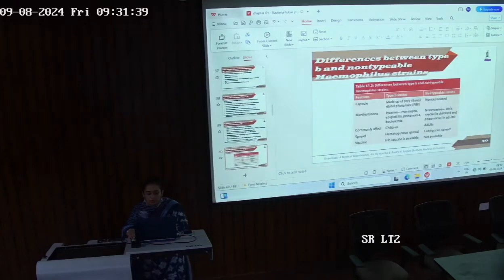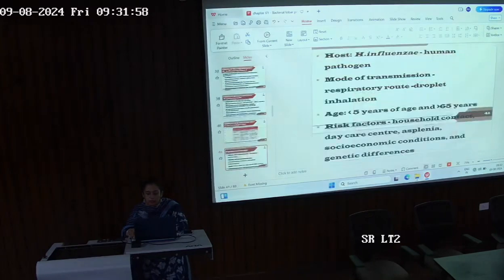So these are the differences between type B and non-typable strains. Type B, as I already told, commonly affects children, whereas non-typable strains affect the adults. Then the Hib vaccine is available in case of children. What is the schedule of the Hib vaccine?